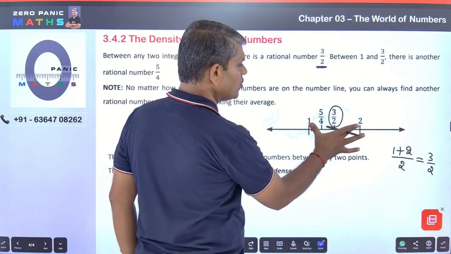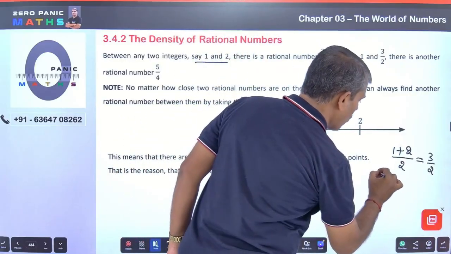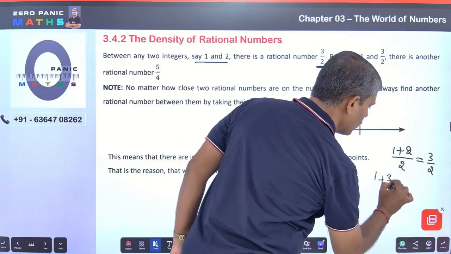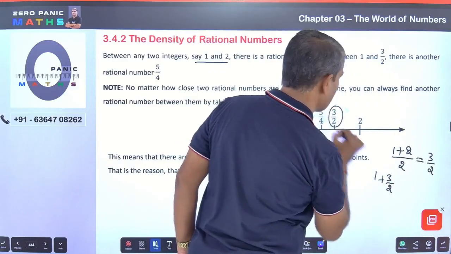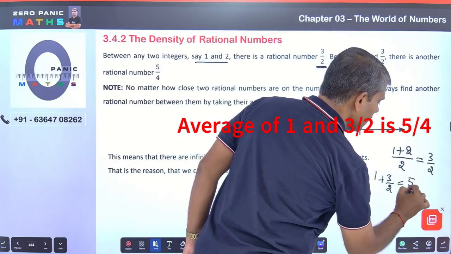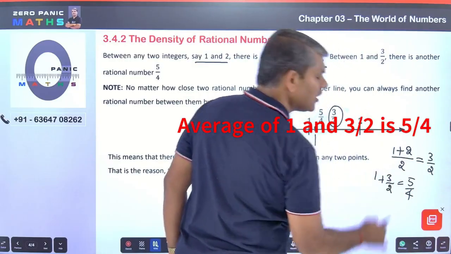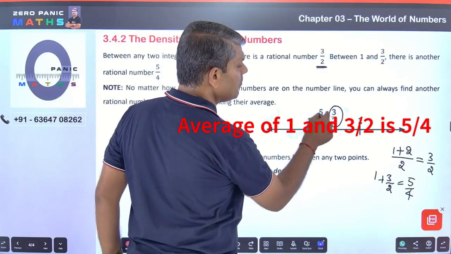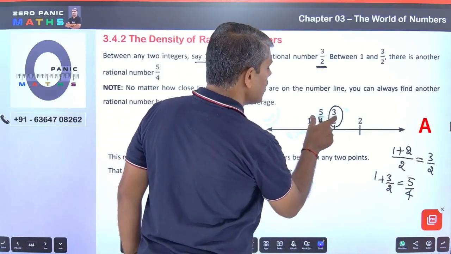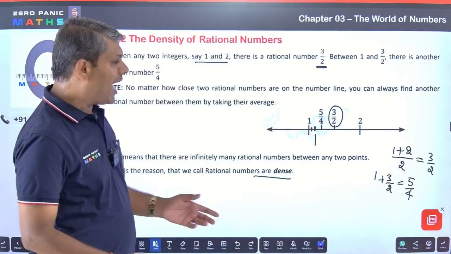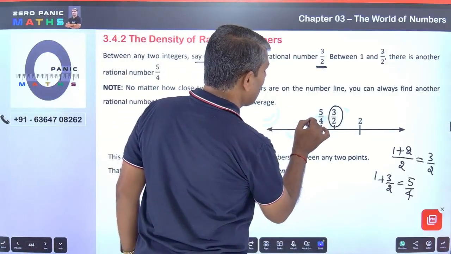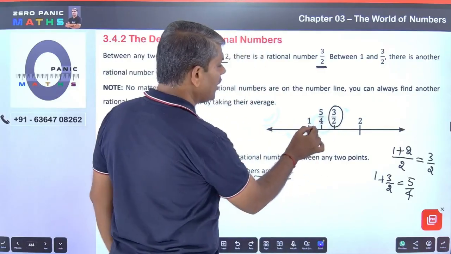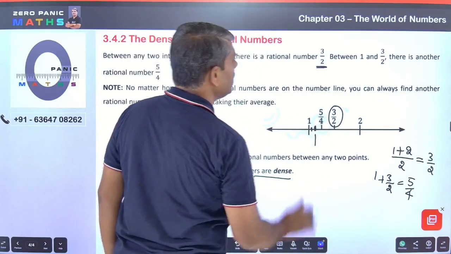And now you have taken 1 plus 3 by 2. 1 plus 3 by 2, that is 5 by 4. Correct. If you add 1 and 3 by 2 and take the average, you will get 5 by 4. That is the midpoint between 1 and 3 by 2. So that way, furthermore, you can add 1 and 5 by 4 and find one more value that might exist between these two.